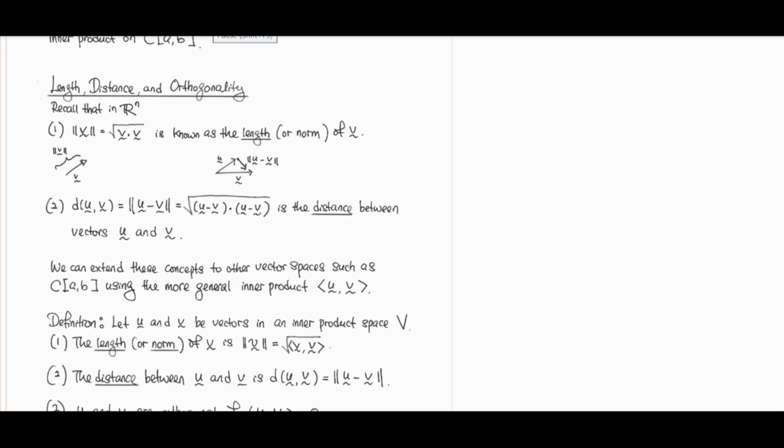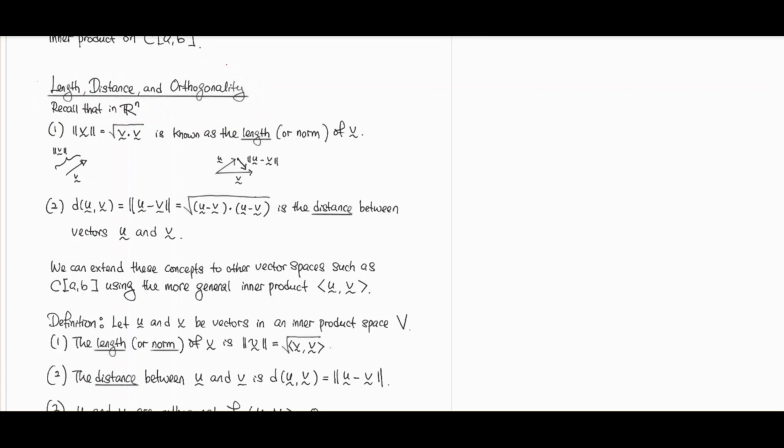We can now talk about the length of a function, the length of a polynomial, the distance between 2 matrices, the distance between 2 functions, the orthogonality between 2 polynomials, 2 functions, 2 matrices. All this now makes sense, right?